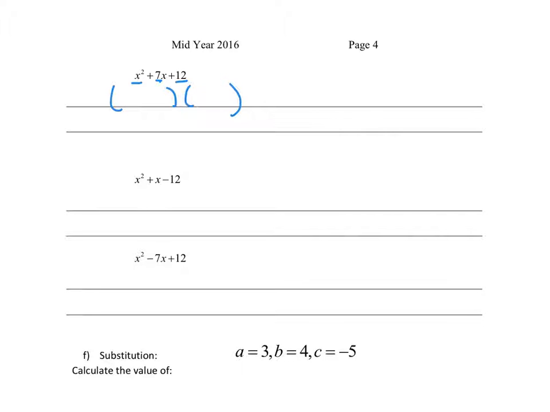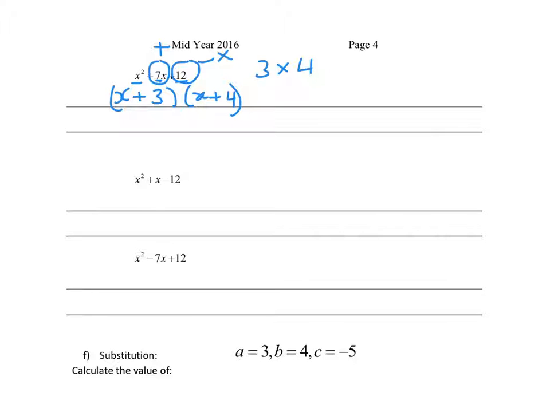Remember, we're looking for the factors that multiply to make 12 and that add to make 7. That's probably going to be 3 times 4. 3 times 4 is 12, but 3 plus 4 is 7. So my factors, or in the brackets, will be x plus 3 and x plus 4.